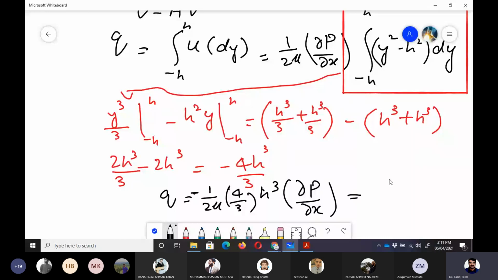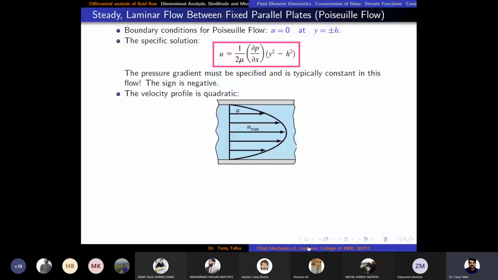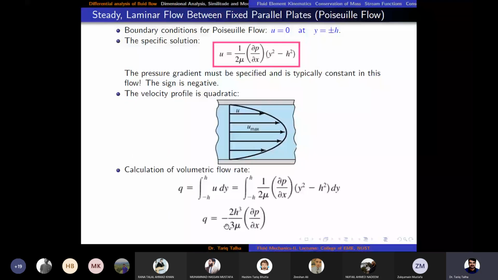So if I simplify it, I can write minus 2 by 3 h cube divided by mu into partial p by partial x. Right. So this is the relation which is derived here.